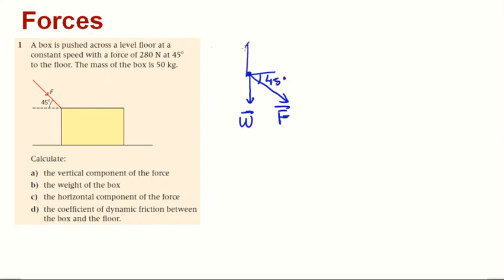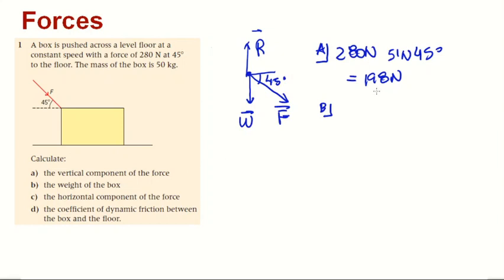And we also have the reaction of the floor, which is trying to prevent this block from going inside of it. If we're looking for the vertical component, letter A, that's simply our initial force's vertical component. Vertical is sine, so 280 times sine 45. That would be a force of 198 newtons.